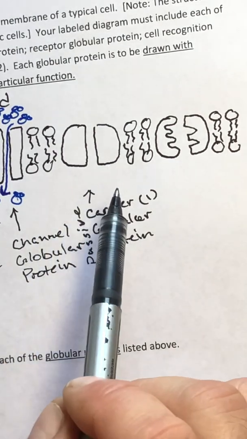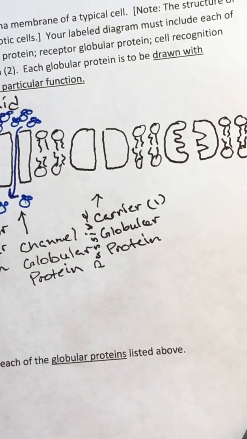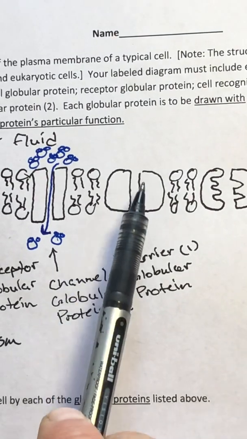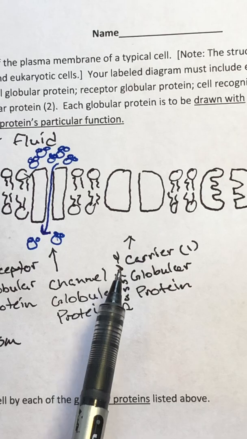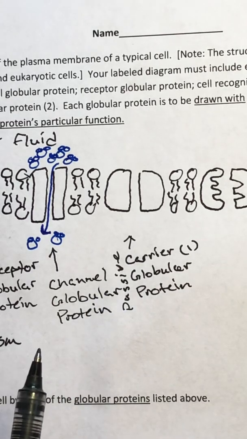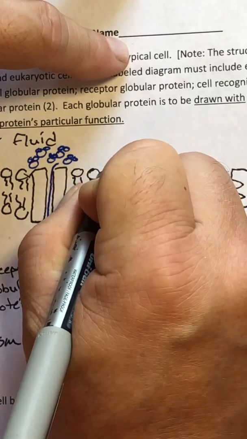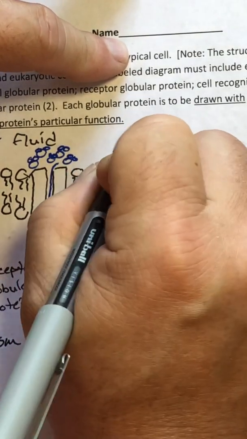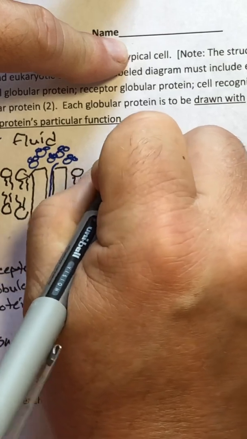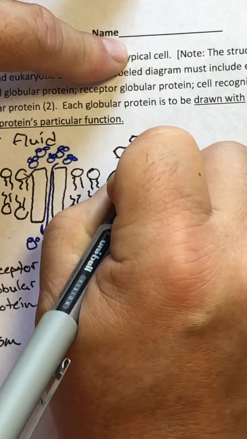Okay. This first carrier globular protein will actually change shape and kind of help to move certain types of molecules across the membrane, but it's still going to follow the concentration gradient. An example of a molecule that moves this way is that 6-carbon sugar that we're familiar with, and that is glucose.